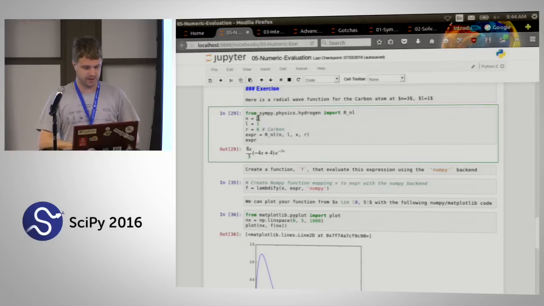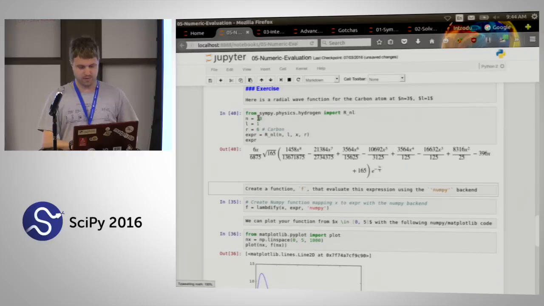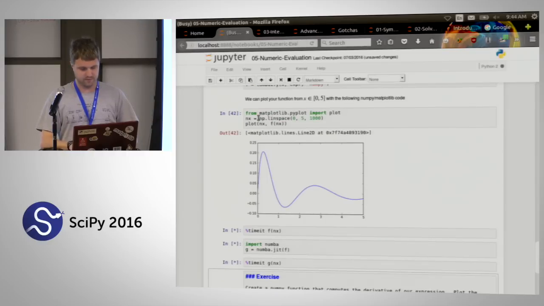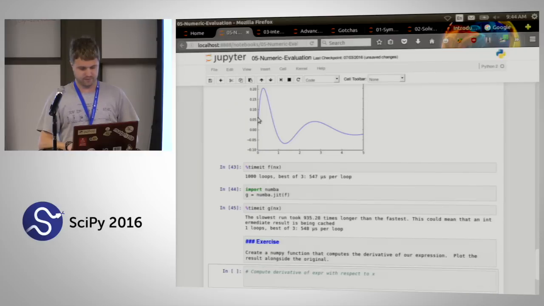So for example, if I change this n to, like, say, some larger number, I get some bigger expression.